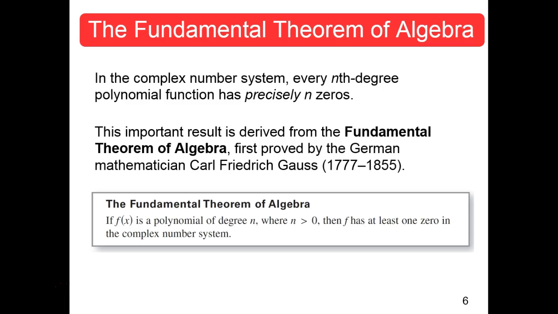That important result is derived from the fundamental theorem of algebra, first proven by the German mathematician Carl Friedrich Gauss. Really brilliant mathematician, and a great scientist as well. He and a guy named Euler probably were two of the most productive mathematicians of all time. His number of papers published is unbelievable.